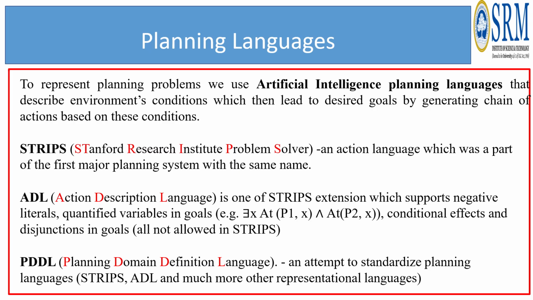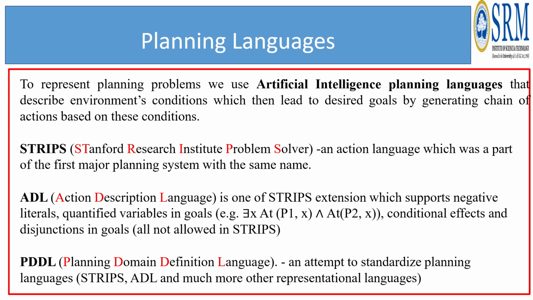So what are the different types of planning languages that can be used with a planning problem? Planning languages can be used to describe the environment condition, which is used to lead to the desired goals by generating a chain of actions based on this condition. One is STRIPS, another is ADL, and another is PDDL.